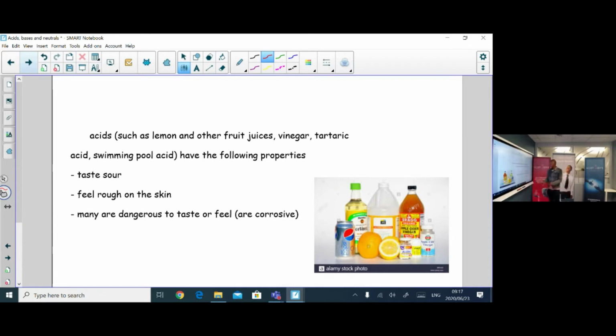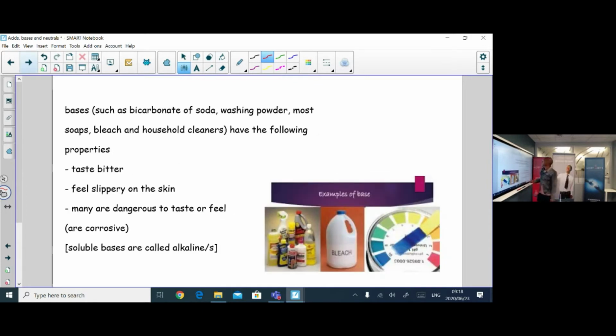They are sour, they feel rough on the skin, and they're dangerous because they are corrosive. We discussed bases such as bicarbonate of soda, washing powder, soaps, bleach, as being bitter, slippery, dangerous, and they're sometimes called alkalines, right?